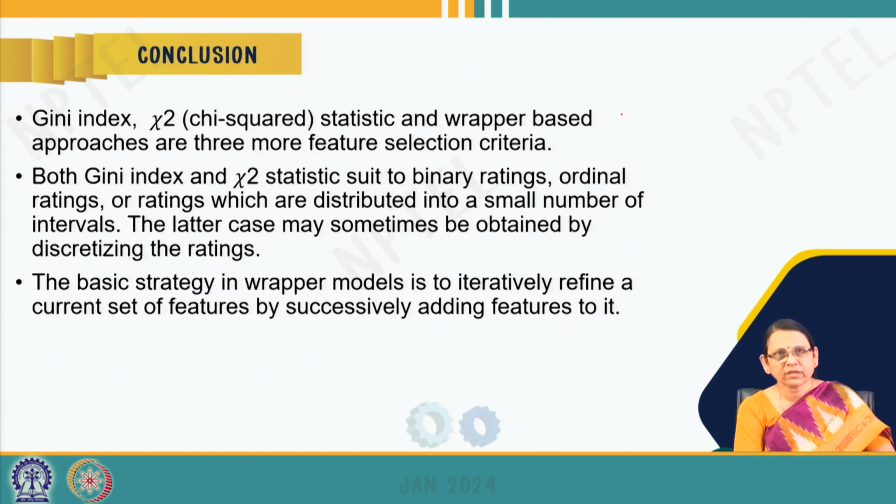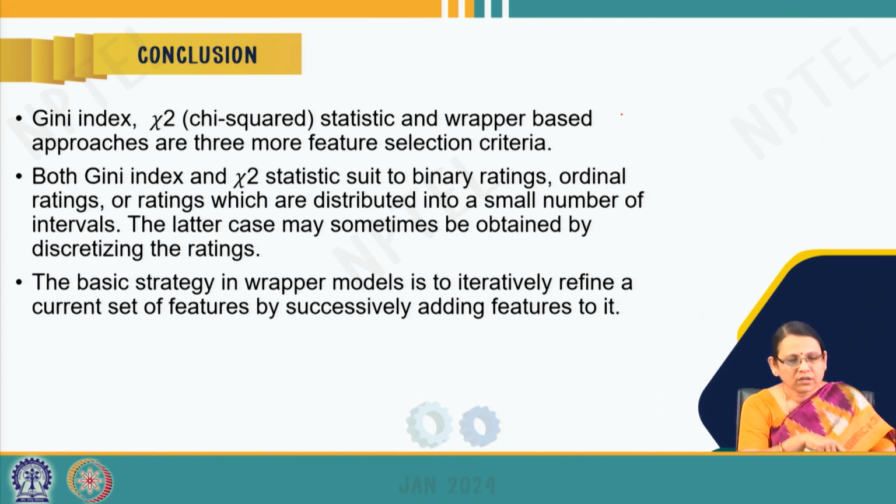These are our conclusions. In this lecture, we saw a few new approaches for feature selection. Gini index and chi-square statistics are two of them, which are again kind of heuristics, but in the wrapper based approach, you actually use the models as one of the inputs. So, with respect to the model that you are finally going to use, you select the features in an iterative manner.